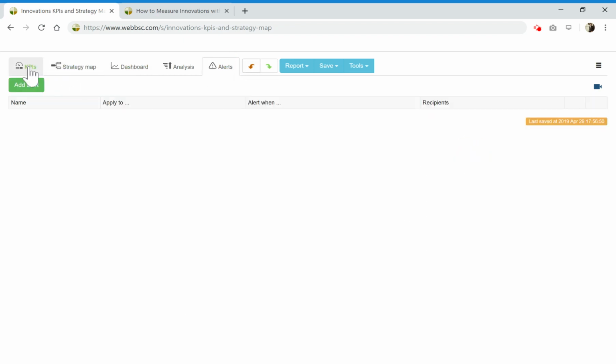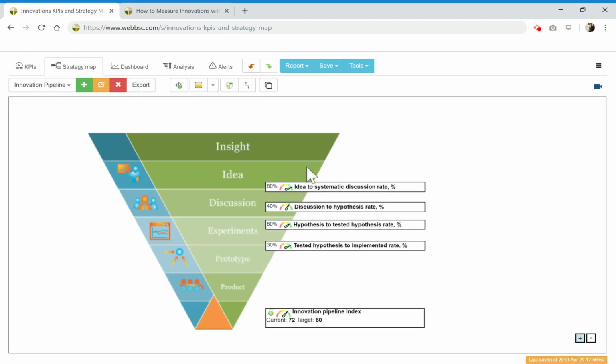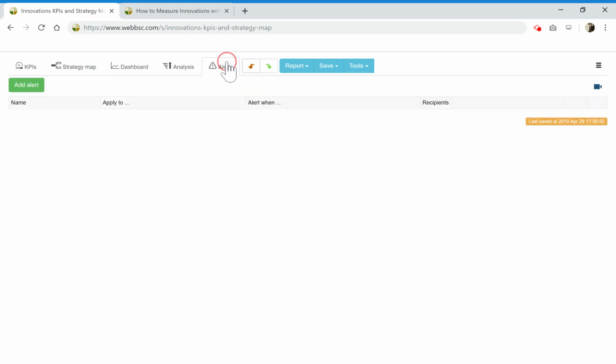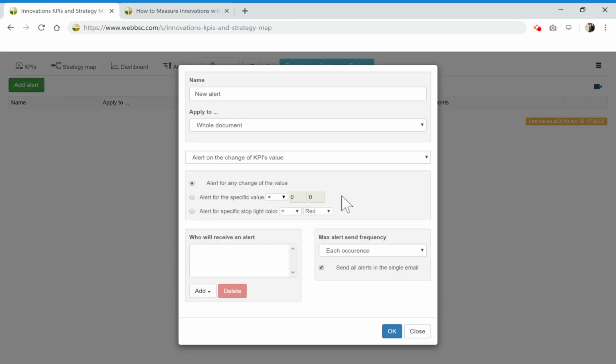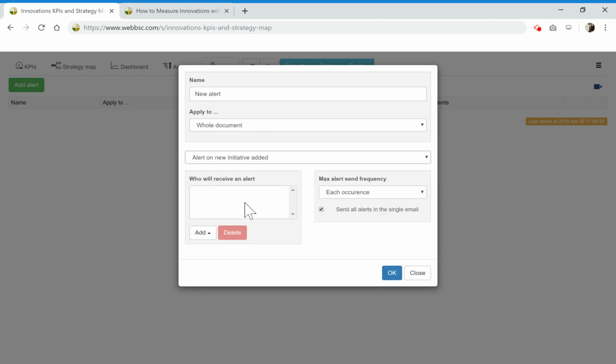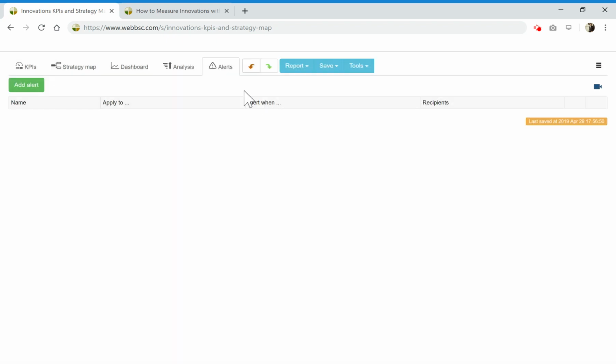Here on the Alerts tab, you can link certain notifications to certain indicators. So, for example, you can link something to the Innovation Pipeline Index, and if it is in the red zone, someone will receive a notification, and you will know this. Or you can align a certain initiative with a goal, and you can set up a notification so that people responsible for this goal will have the information they need.